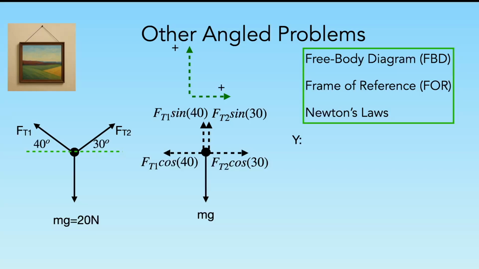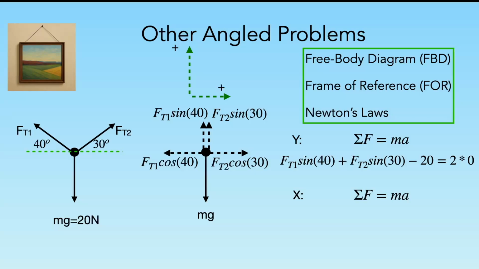In the y direction, we have sum of forces equals ma, always write that. Ft1 sine 40 plus Ft2 sine 30 minus mg, which is 20, equals 2 times 0. That's one equation. In the x direction, sum of forces equals ma. We have Ft2 cosine 30 minus Ft1 cosine 40 equals 2 times 0.